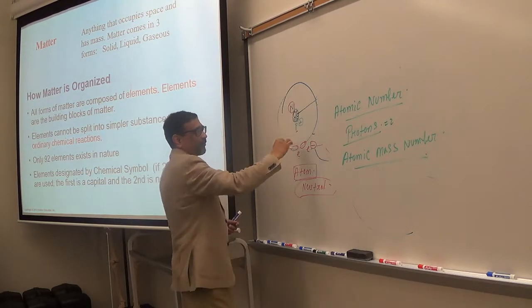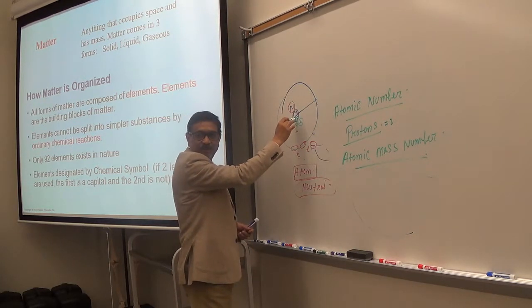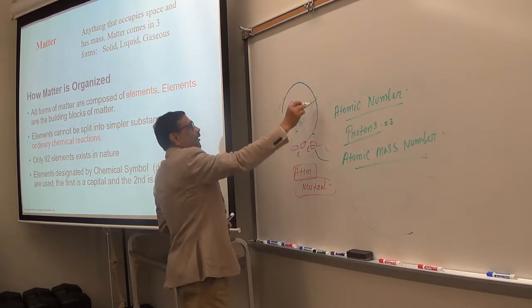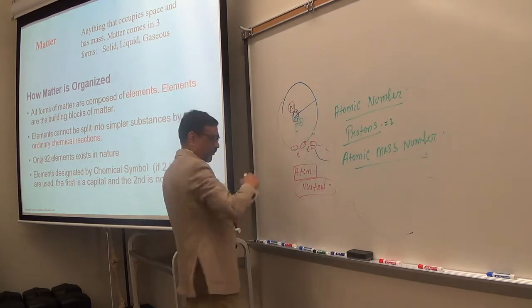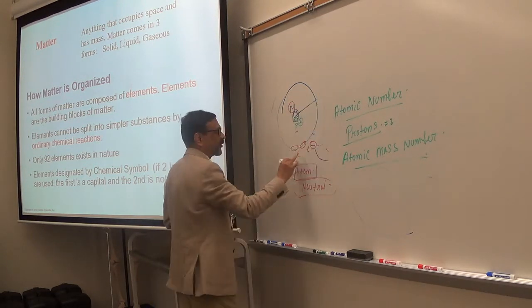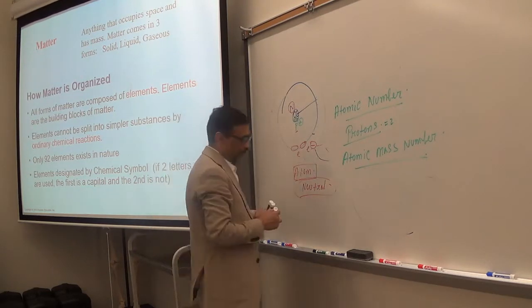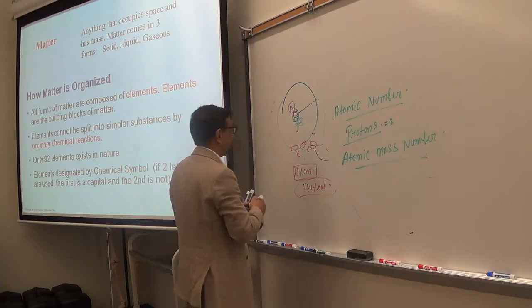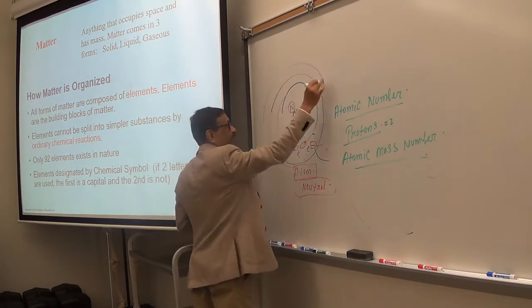Now, this is what? Shell. Shell, right? And this is nucleus. Okay. Most of the atoms have more than 1 shell. For example, if I add more shells here, this is another shell, this is another shell, okay? So, atoms usually have more than 1 shell.